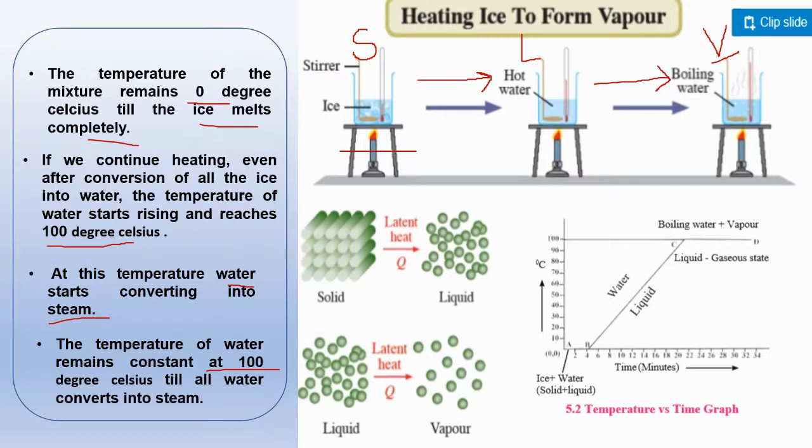At this temperature the water will convert into steam, and the temperature will remain constant till all the water converts into steam. So this is how the ice is converted to water and then water is converted to vapor.